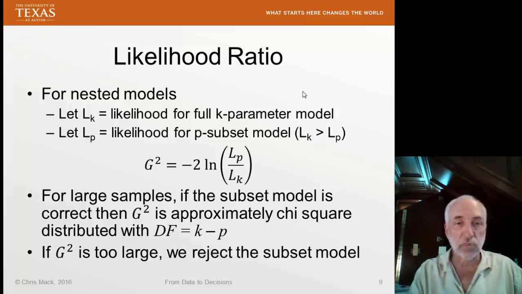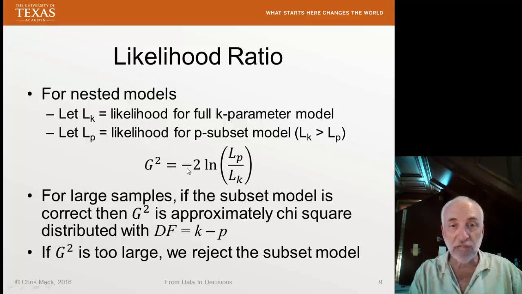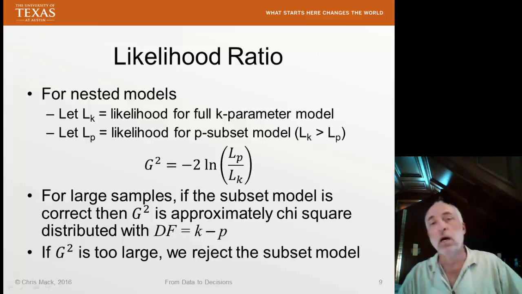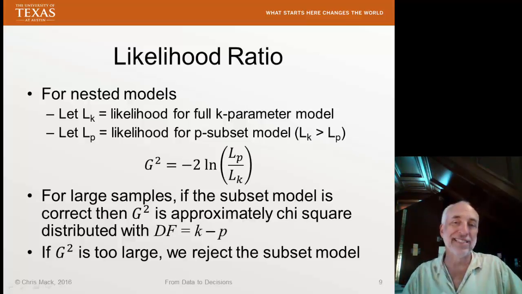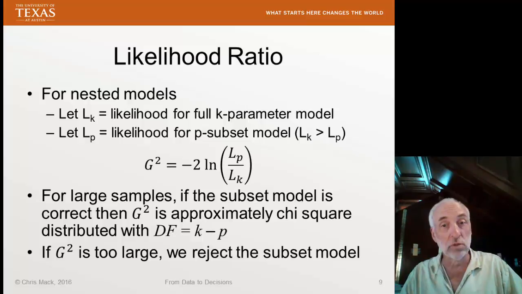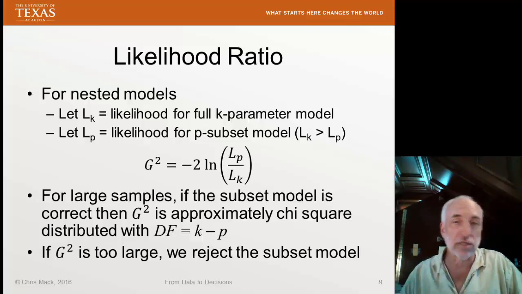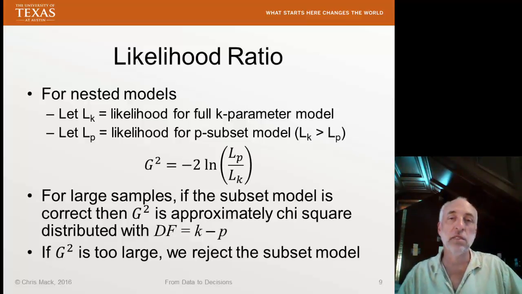But we can calculate this parameter G squared as the likelihood ratio, minus 2 times the log of that ratio. It's essentially the difference between the two information criteria, ignoring the difference in the number of parameters.